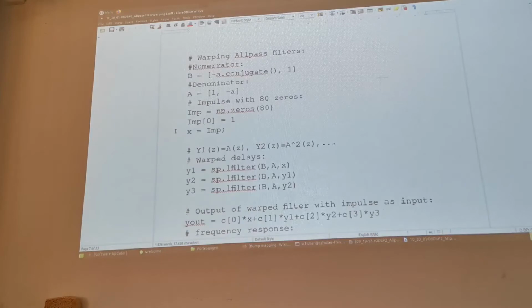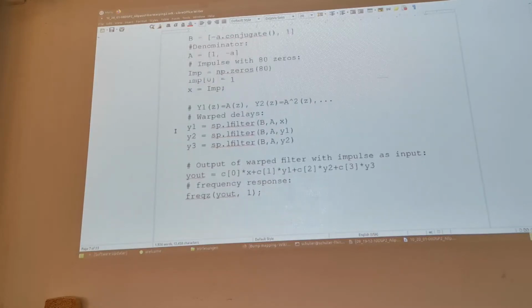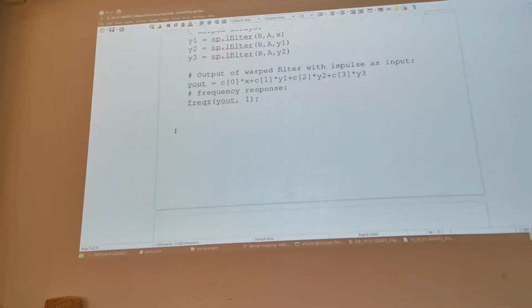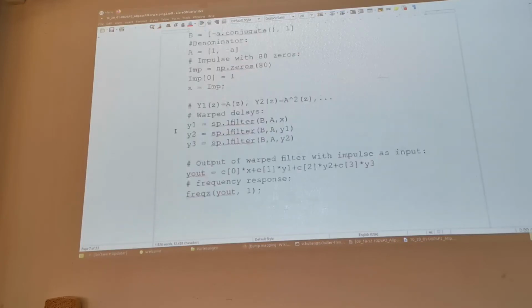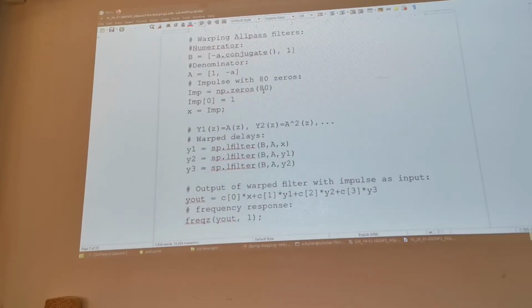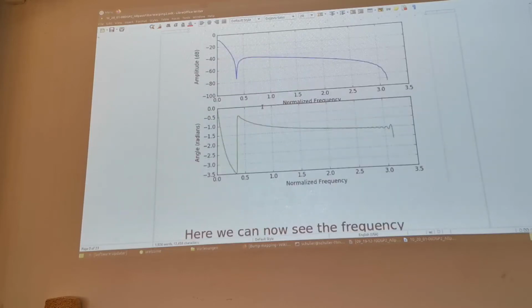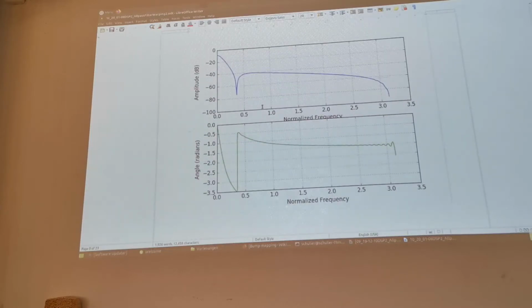So now we have the impulse response for our warped filter, and we can apply freqz to the impulse response. This is an impulse response padded with 80 zeros, and this is the result.